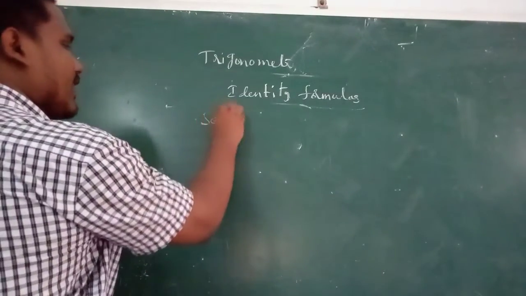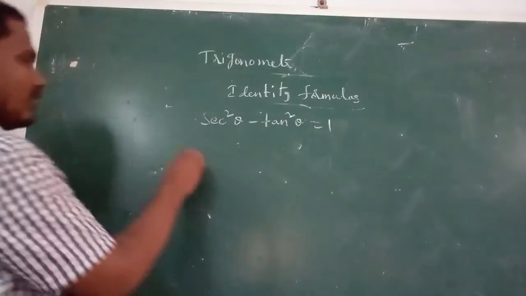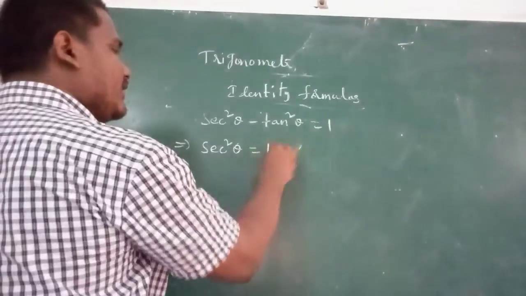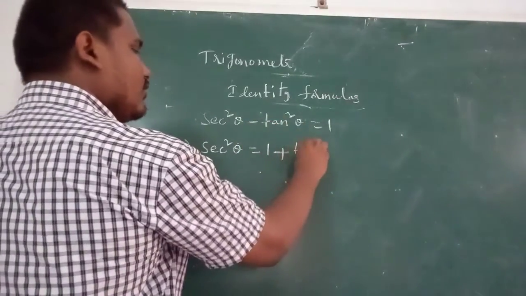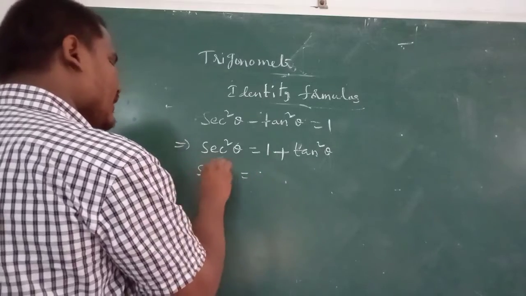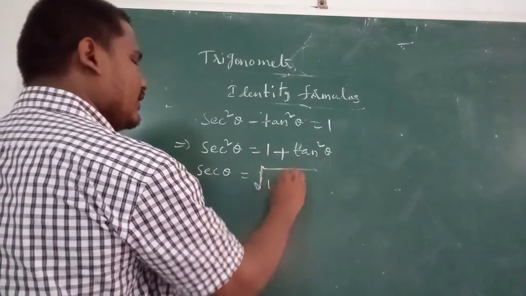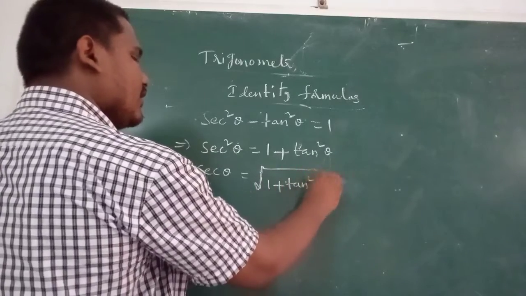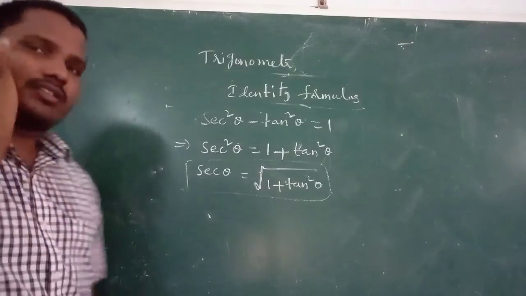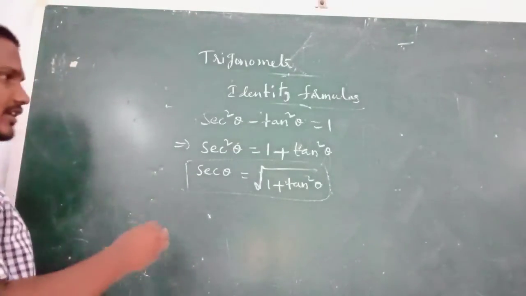Secant square theta minus tan square theta is equal to 1. If you want to find the secant theta value, secant square theta is equal to, minus goes to the RHS side and becomes plus, 1 plus tan square theta. Secant theta is equal to square root of 1 plus tan square theta.